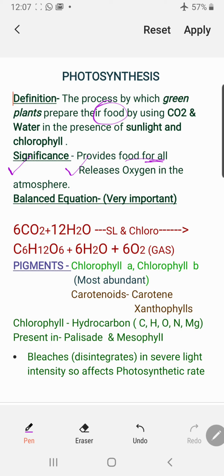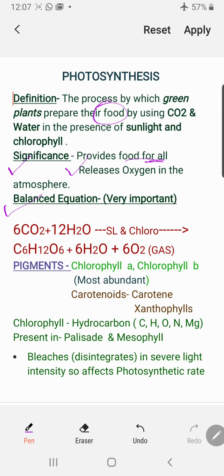Right? Third thing here is the balanced equation. Let me tell you very surely that whenever you are going to get any figure based question on photosynthesis, the definition and the balanced equation, mind that they are sure to be there.